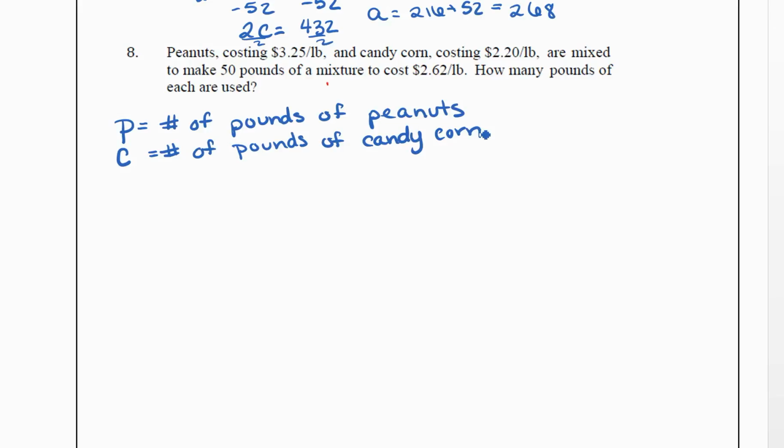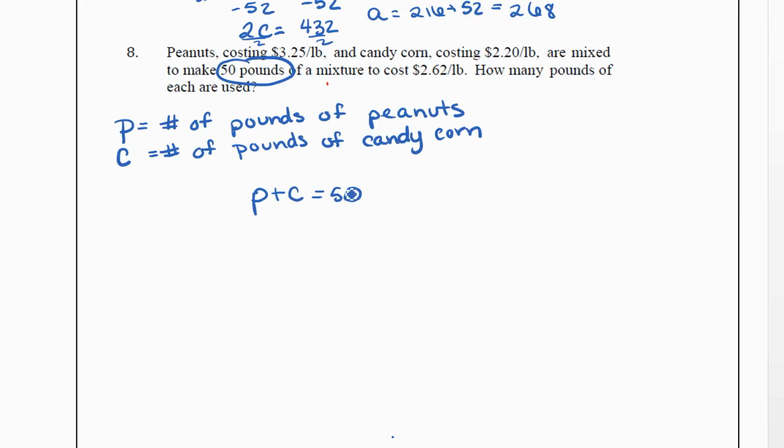Now, we know that we're making 50 pounds, okay? So it says they're mixed to make a total of 50 pounds. So that means we can write out the equation P plus C equals 50.